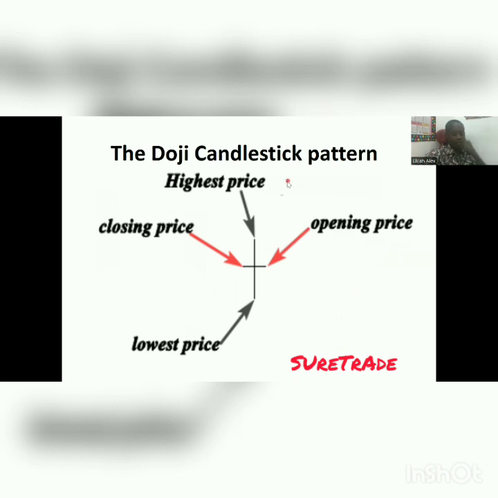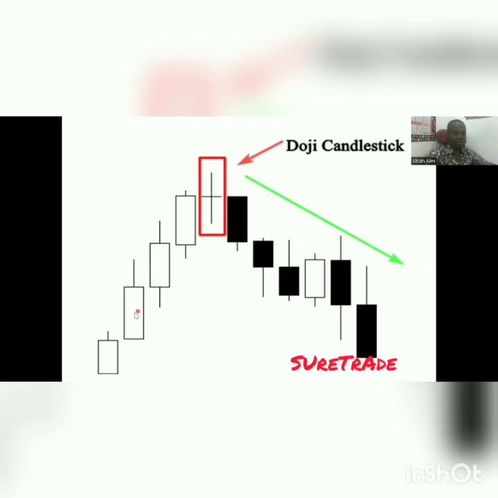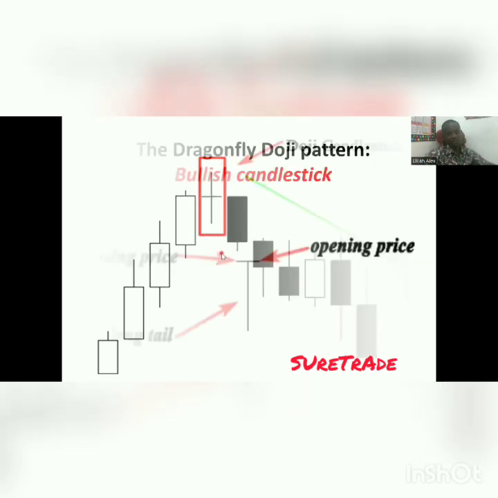And if you see it in an uptrend, it means the market is about to reverse to the downside. So anywhere you see a doji, it means a reversal pattern. See an example here. This is a doji. The market was trending up, and this also shows a drop in momentum. Enter your trade at the close of this doji and then target your profit at the next key level.